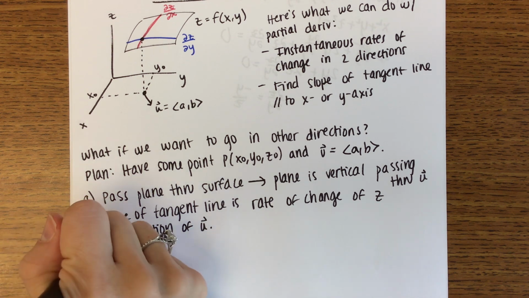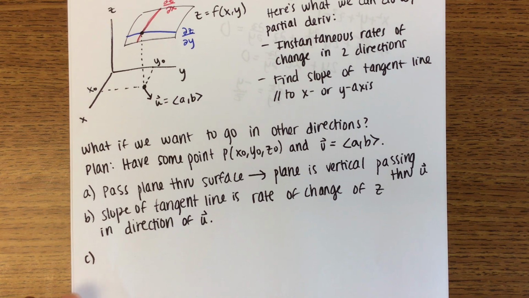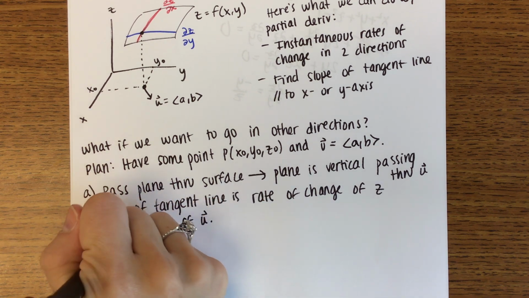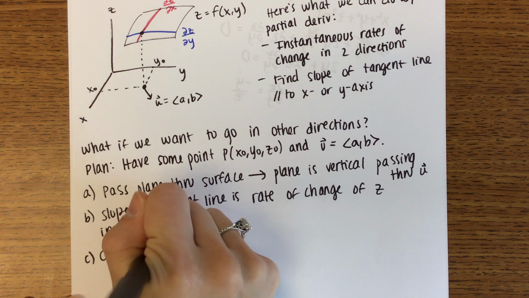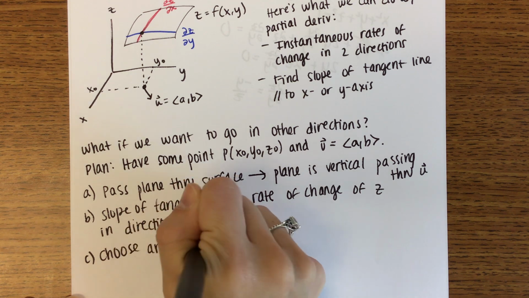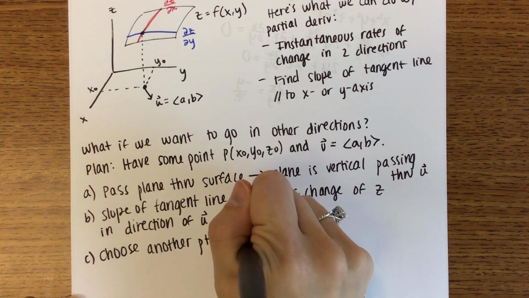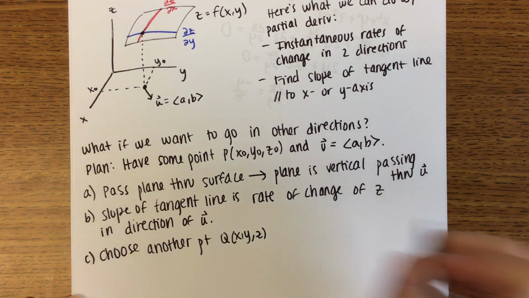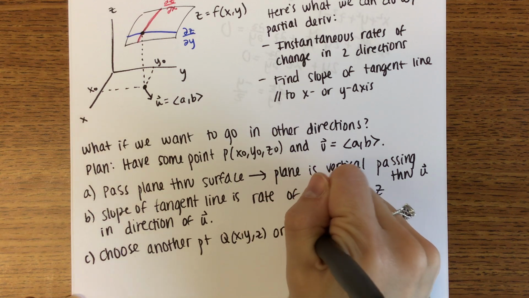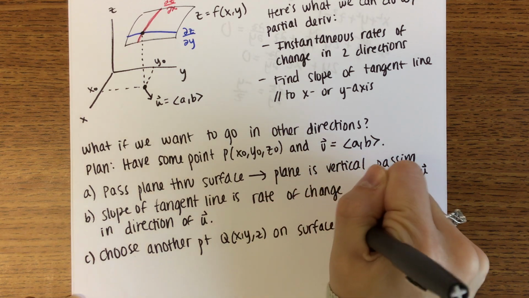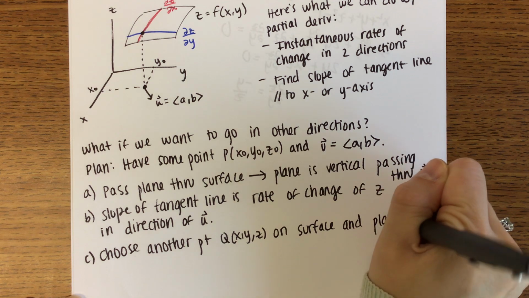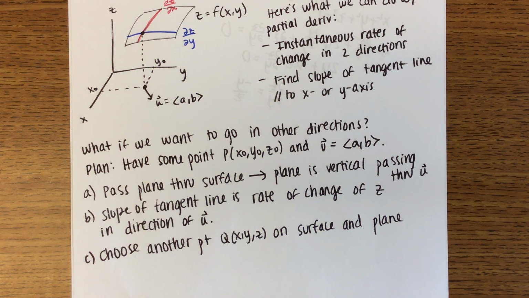So here's what we're going to do then. We are going to choose another point, Q. We're going to call that point (x, y, z). That point has to be on both the surface and the plane. So we pass this plane through. It's going to give us some line, some intersection between the surface and the plane. We're going to choose some point that is on that intersection.